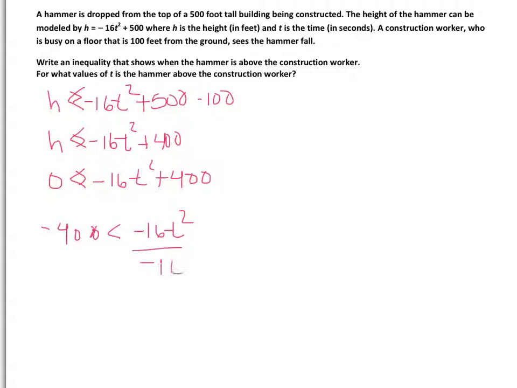Divide by negative 16. Now, remember when you divide by a negative, you got to switch it. So you get t squared is less than, and then negative 400 divided by negative 16, 25. Take the square root, you get t is less than 5.